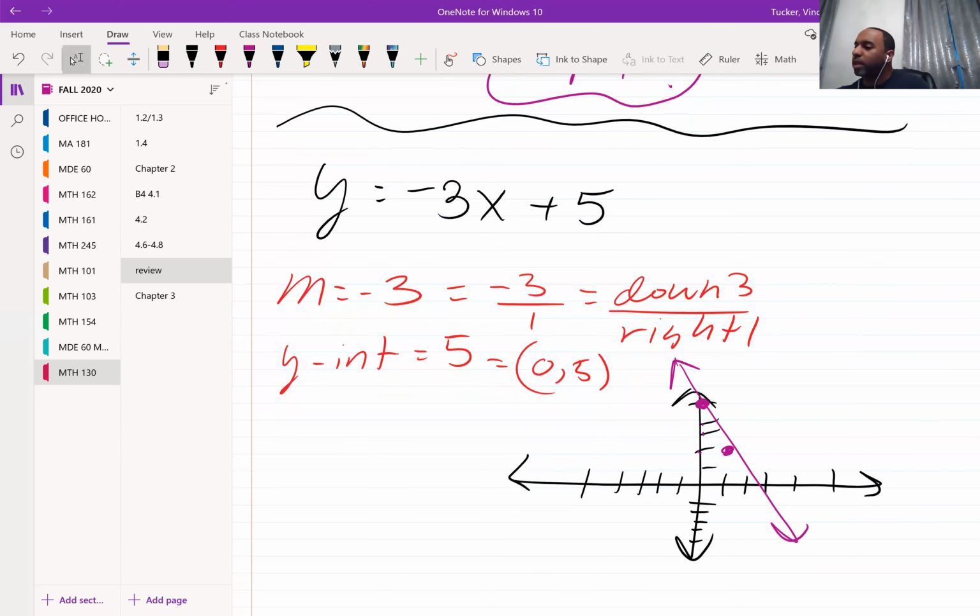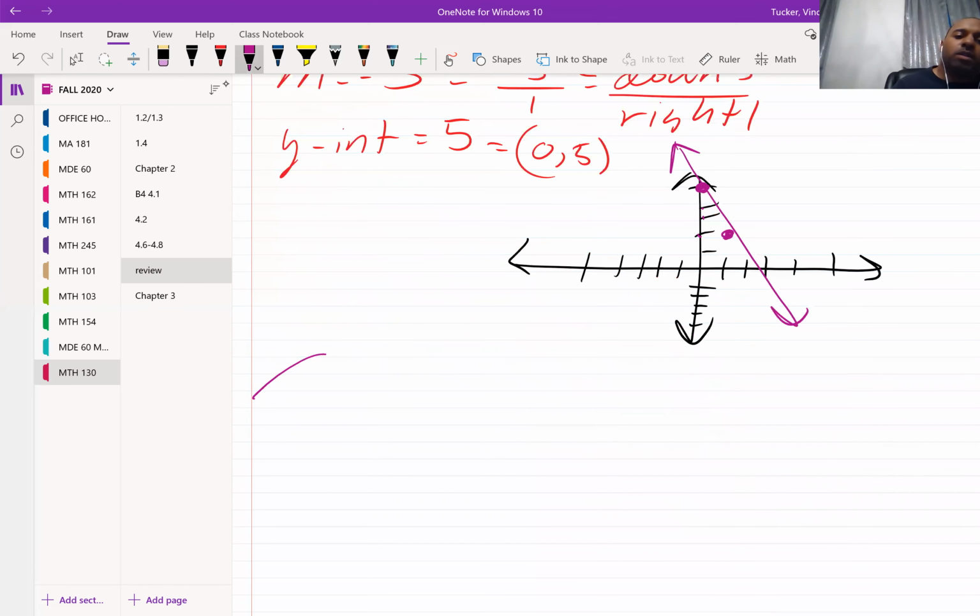Let me see what else they have going on here. Okay, equations of lines.